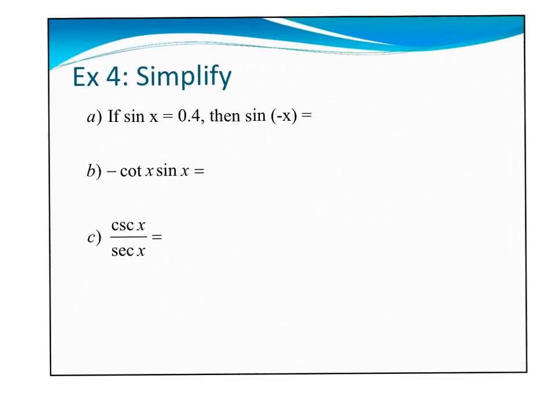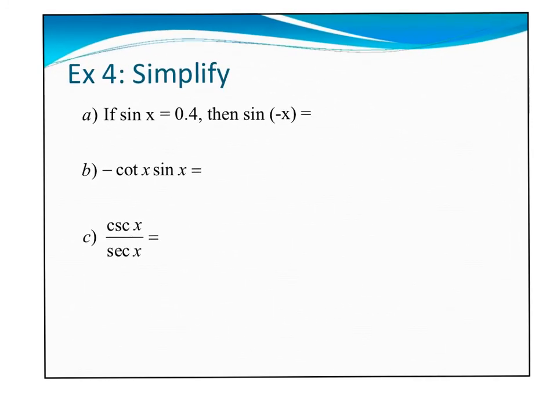Alright, last but not least, these problems are just applying the different identities. So in part A, we have sine of x equals 0.4, then sine of negative x equals what? Here we want you to use our negative angle identities, recognizing that if the sign of the angle is changed, then the sign of the ratio is changed for my sine function. Therefore, the answer is negative 0.4.